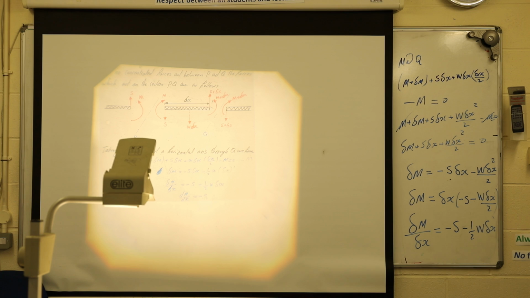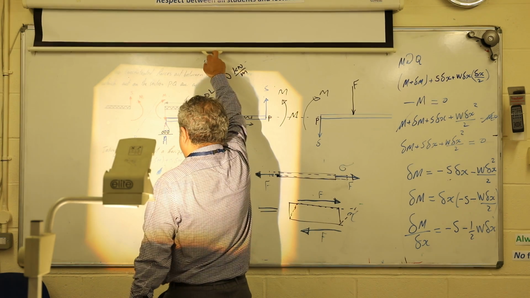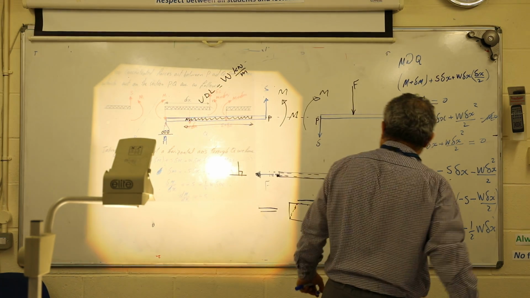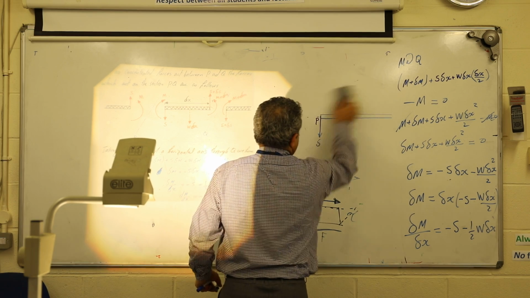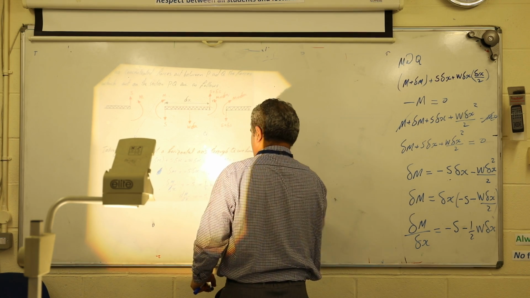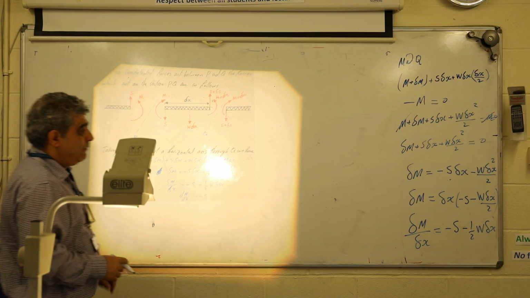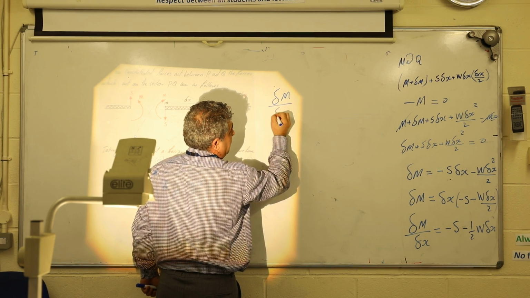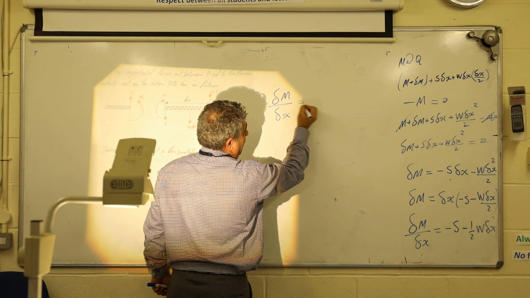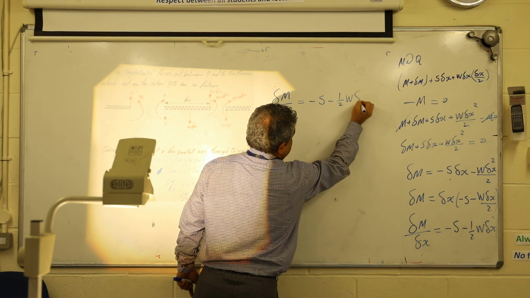Now, watch me here. I'll create an equation like this eventually: delta M over delta x is equal to minus the shear force minus half w delta x.